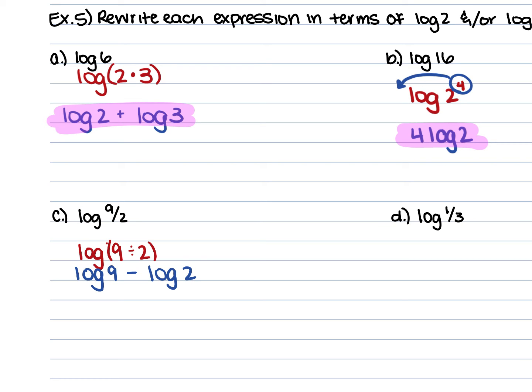We need to change that 9 into 2 to the power of something or 3 to the power of something. 9 is 3 to the power of 2, so this is also log 3 squared minus log 2. You cannot keep an exponent on a log, so bring it in front. So it's going to be 2 times log 3 minus log 2.